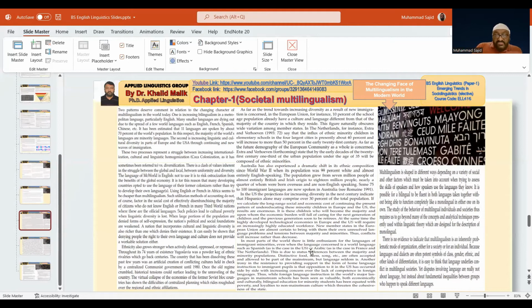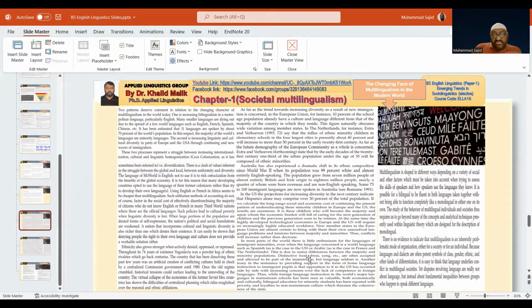In most parts of the world, there is little enthusiasm for the languages of immigrant minorities, even when the language concerned is a world language, such as Spanish, as is the case in the US, or Arabic, as is the case in France and the Netherlands.